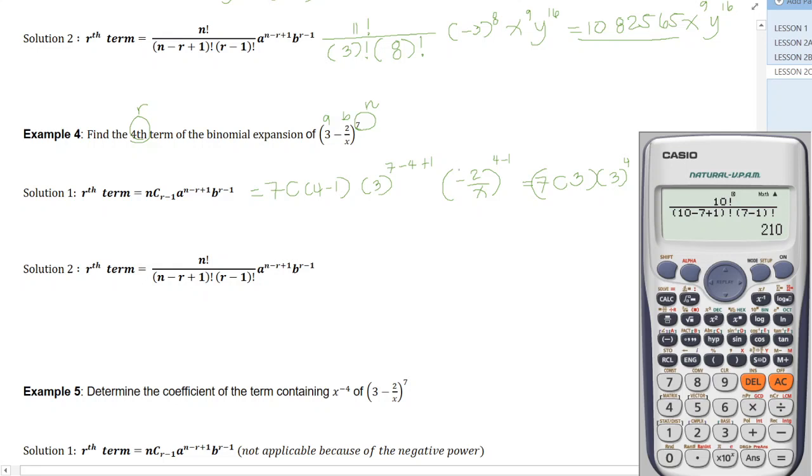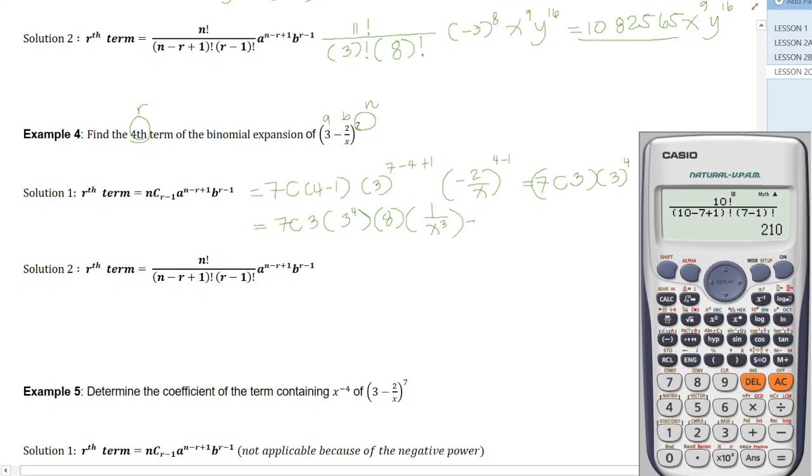Since that is raised to 3, that is negative 2 raised to 3 over x raised to 3. Okay, so if that is the case, let us simplify that further. That will give us 7 combination of 3 multiplied by 3 raised to 4 multiplied by negative 2 raised to 3, that is 8, and that is 1 over x cubed.